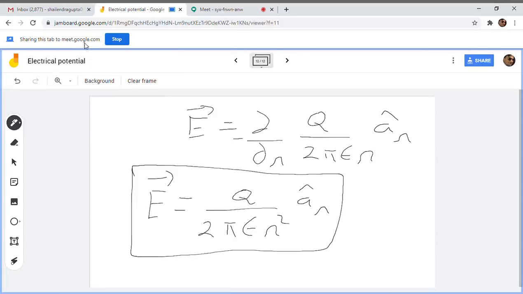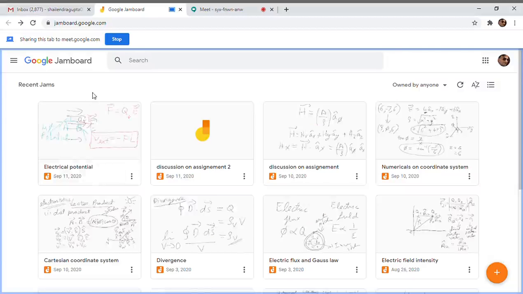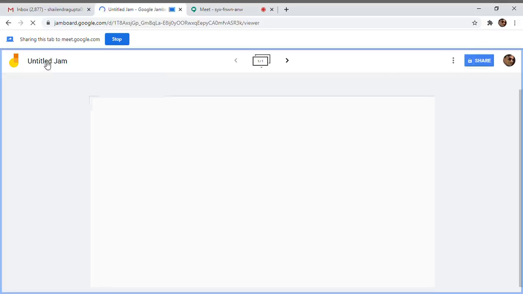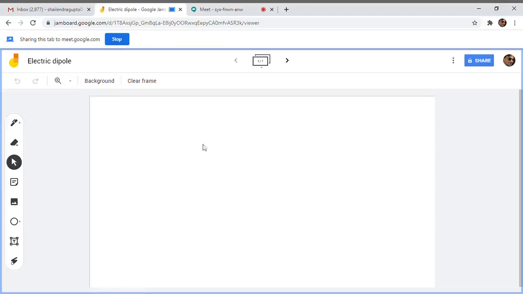So I will end it here and start a fresh one. Electric dipole. So what do you mean by electric dipole?